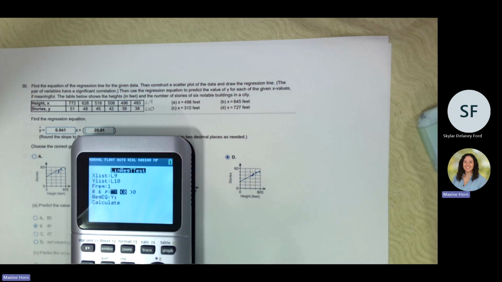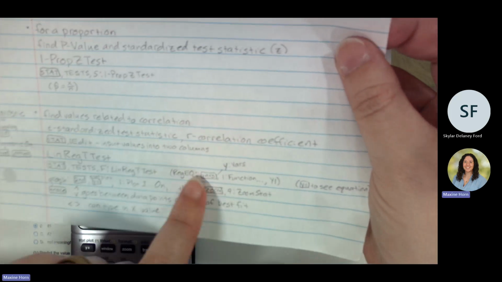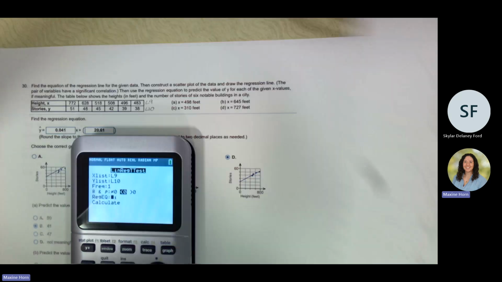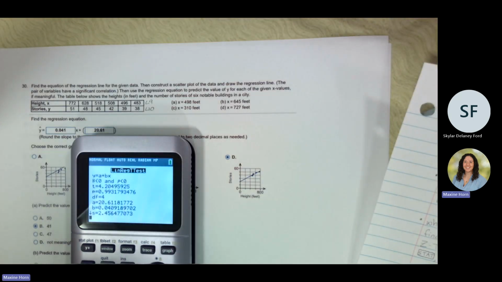For the purposes of this, it doesn't matter which one of those we're choosing. If we want the equation there, then we can follow those steps that I had here about how to put that in to Y1 and then calculate.